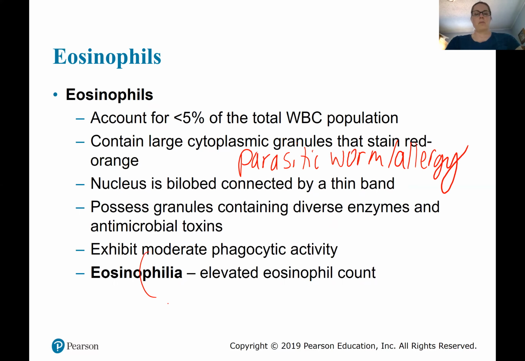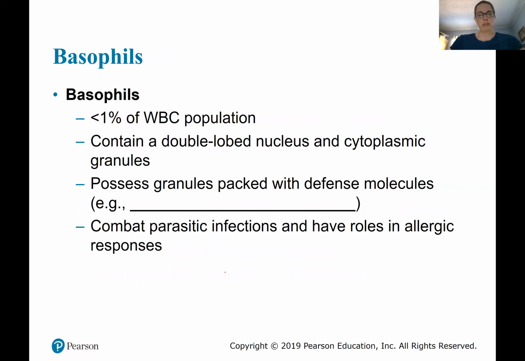Eosinophilia, having an elevated or too many eosinophils, would happen if you have severe allergies or a parasite infection. Basophils help release chemical messages called histamines.